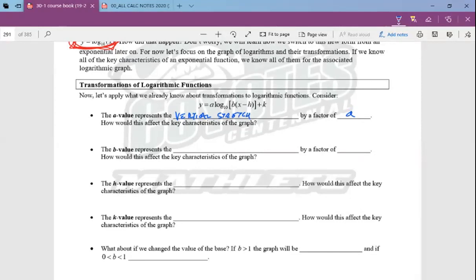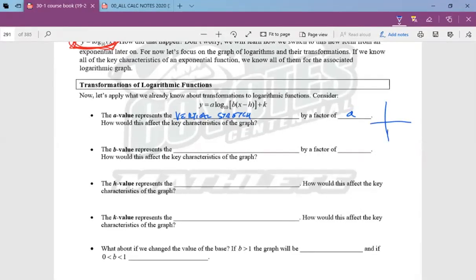How is this going to affect the key characteristics of our logarithmic graph? Remember that our logarithmic graph has a vertical asymptote at 0. If we stretch it vertically, it doesn't affect the x-intercept, doesn't affect the asymptote, and so it doesn't change those key characteristics.